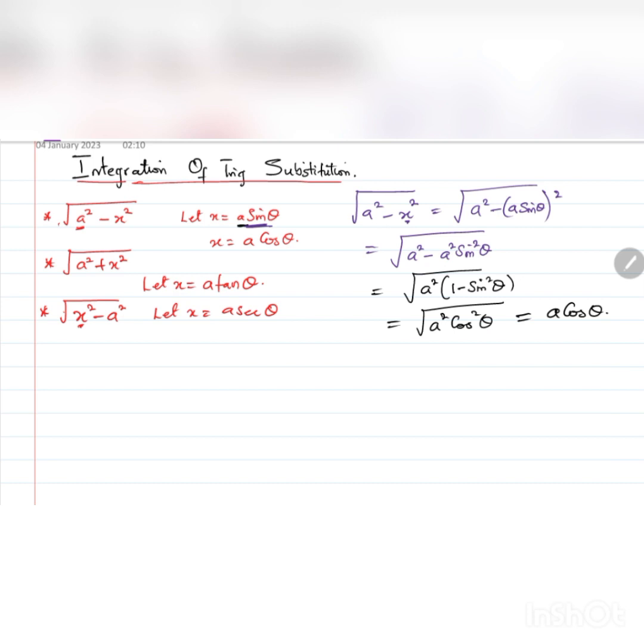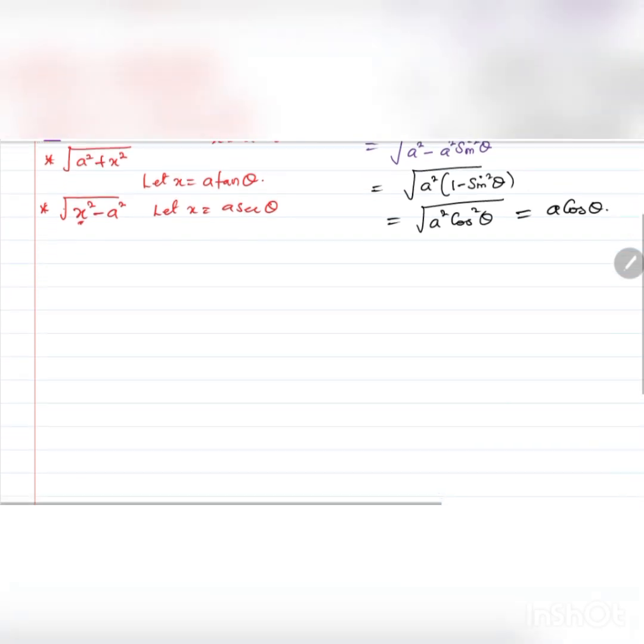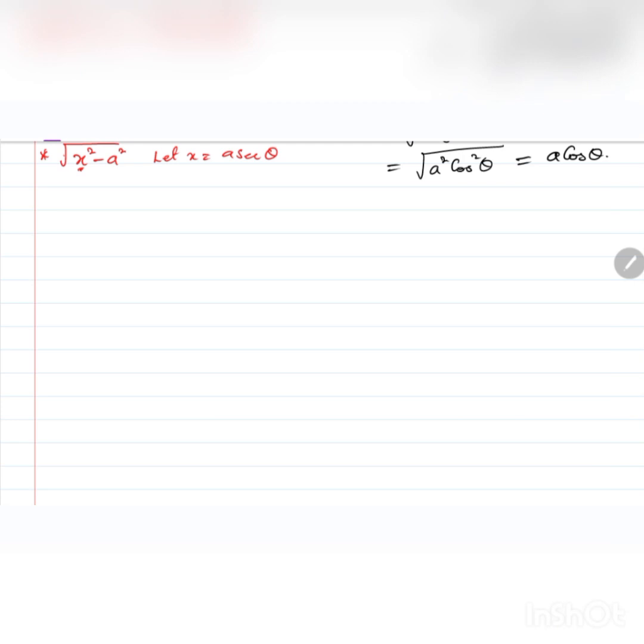We are given an example: integrate from 0 to a the square root of a square minus x square dx. This question is from previous past questions.